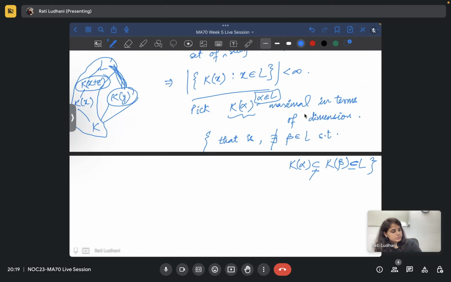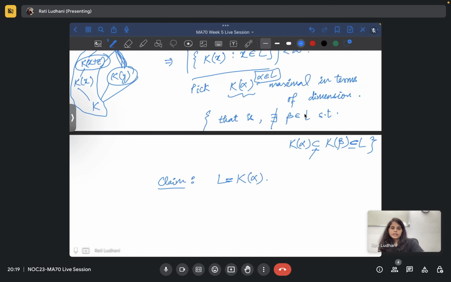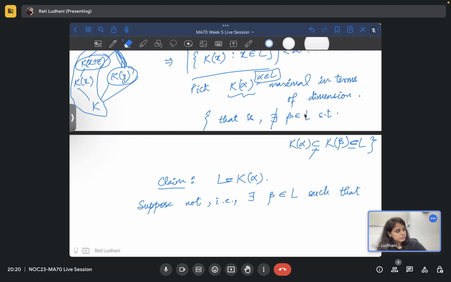Now, we claim that L is equal to exactly this K(alpha). Suppose not, so assume the contrary, that is, there exists some beta which belongs to L but is not in K(alpha).